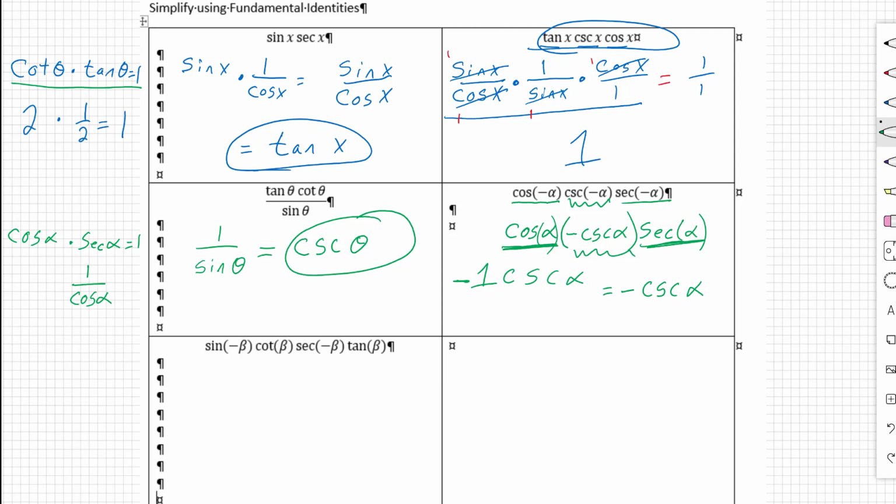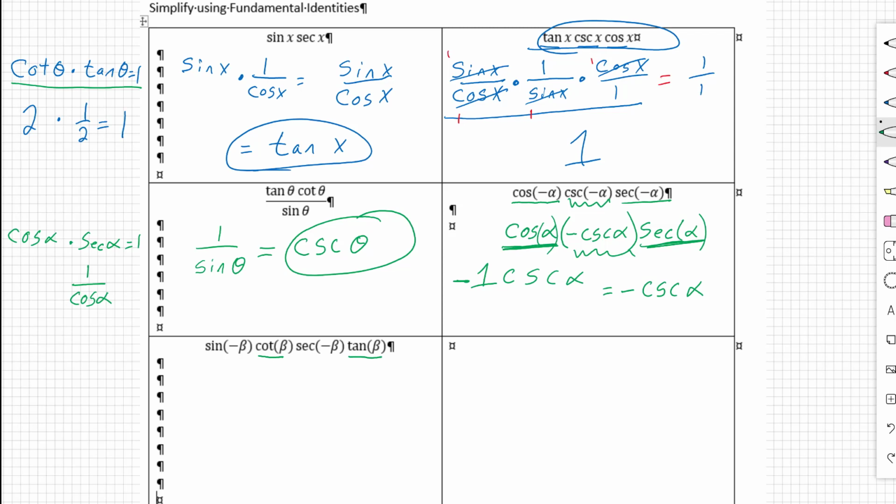One final problem. This one looks kind of big and ugly, but there are 4 terms, we can handle it. Sine of negative beta, cotangent beta, secant negative beta, tangent beta. First thing I'm seeing is that cotangent beta times tangent beta is just going to be 1.